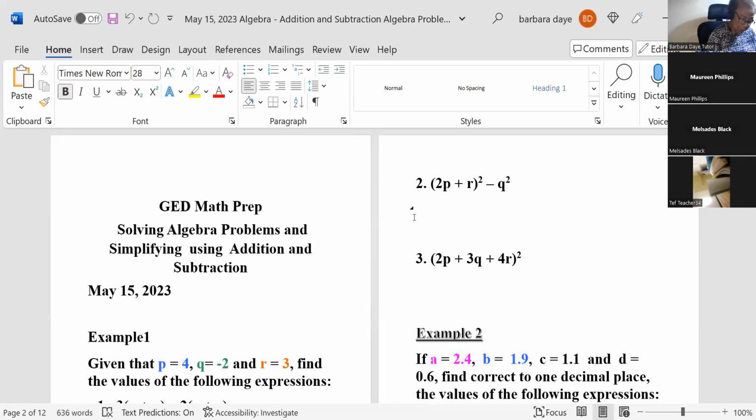Do what's in parentheses. Then the exponent. Then the subtraction. And you'll have your answer.